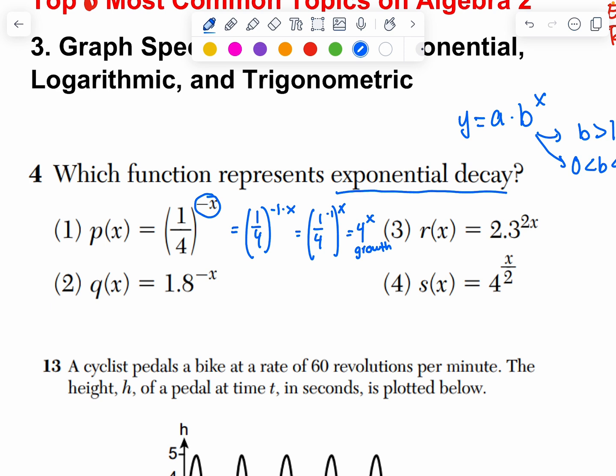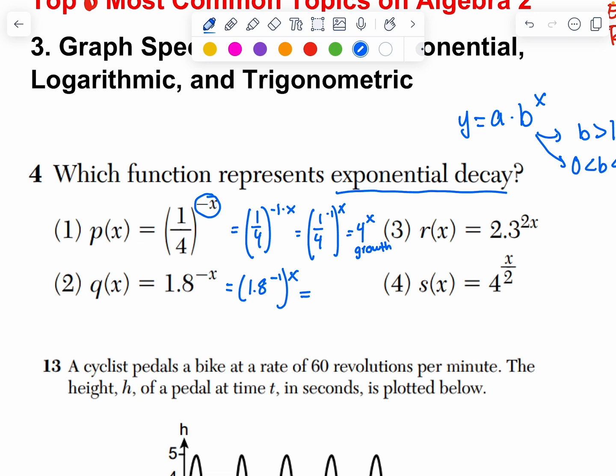Now, for question number 2, we're going to do the same thing. We have a 1.8, which typically indicates growth. However, we're going to split that negative x into a negative 1 times an x, because that's how exponent powers work: you multiply exponents when you have a power to a power. We take that 1.8 and raise it to the negative first power.